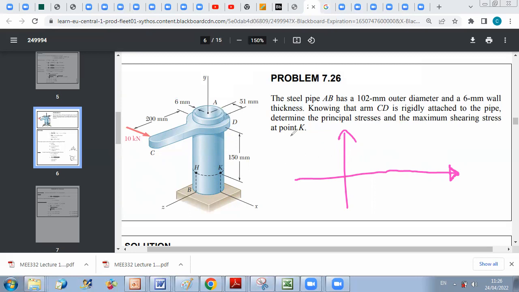We'll see together how to represent such a state. And in this way, I was able to determine the state at H, and now I can deduce the corresponding values of the maximum and minimum principal stresses and tau max.